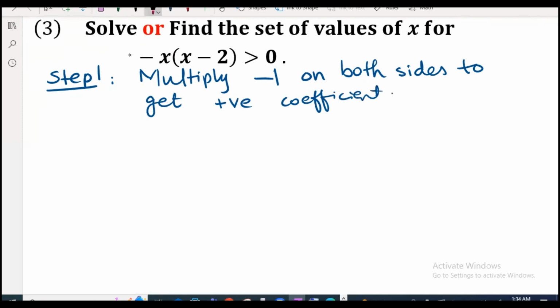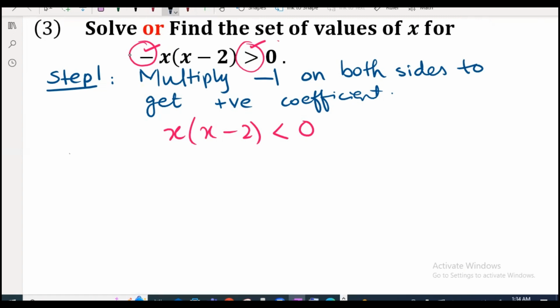When I multiply on both sides, the sign will be changed, and 0 has no sign here, so 0 is 0. So negative can be converted into positive, x times x minus 2 less than or equal to 0. This sign will be changed.